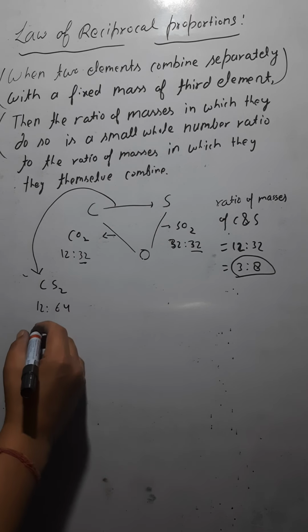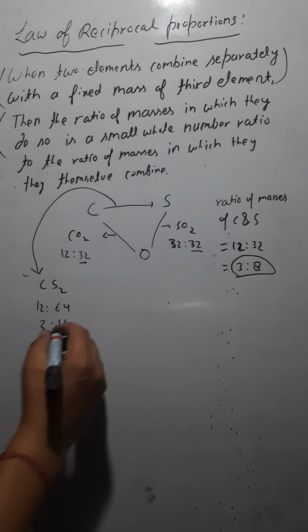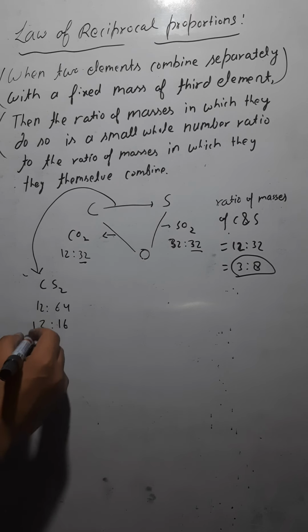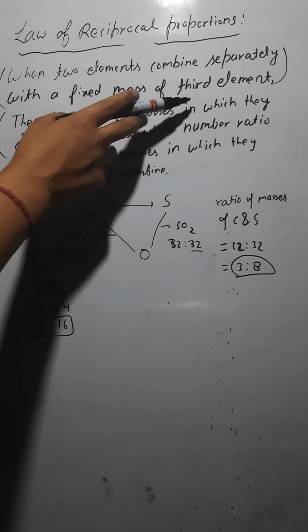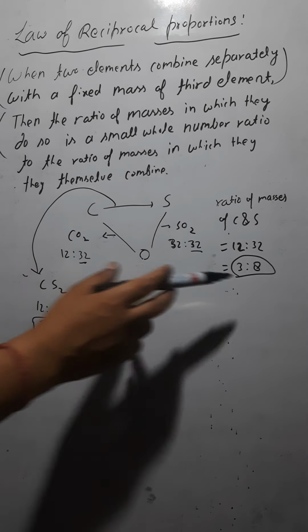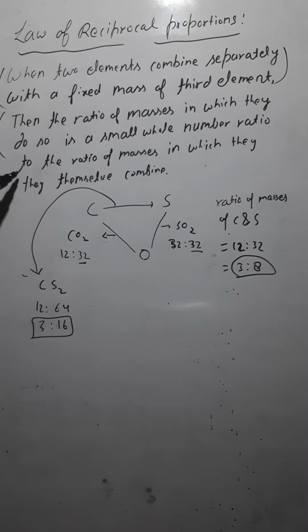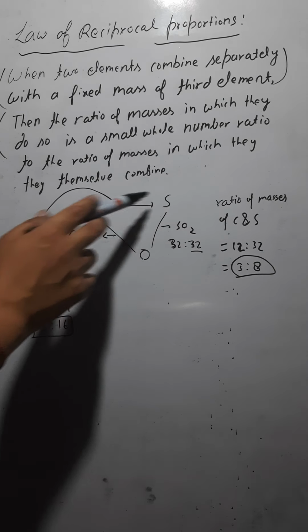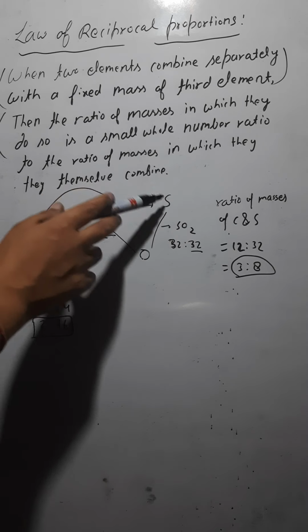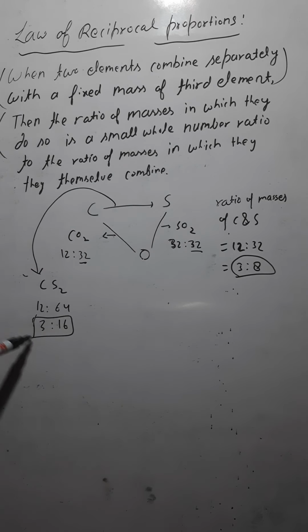If you simplify it, 4 3s are 12 and 16 4s are 64. So the ratio is 3 to 16. So what it is saying is that the ratio of masses in which they do so is a whole number ratio to the ratio of masses in which they themselves combine. So this one is the ratio you are getting.